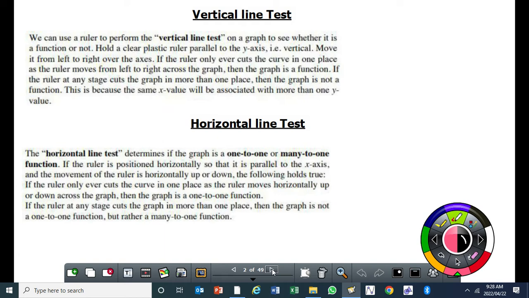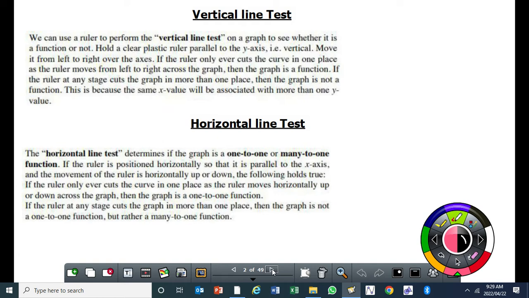Now, in maths, we have got two tests that we can use to determine whether a graph is a function or not. We also have another test which we can use to determine whether the graph is a function and what type of function it is in terms of one-to-one or many-to-one.